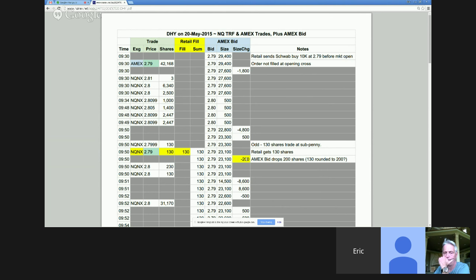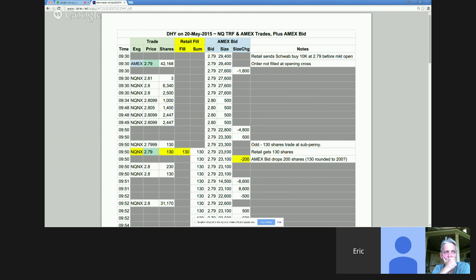So that 200 drop would correspond to 130 shares executed. Okay. But the trade is printing on a dark pool, yet it's the American Stock Exchange's bid that's decreasing. Okay. So his order isn't sitting there at the American Stock Exchange.